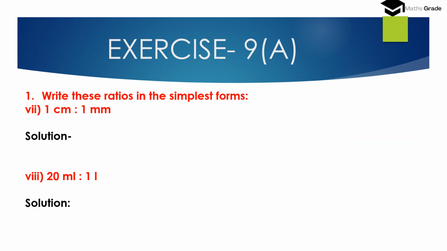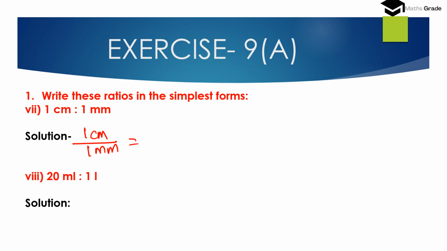Now 7th bit, 1 centimeter is to 1 millimeter. Convert this ratio into the simplest form. We can write 1 centimeter is to 1 millimeter as 1 centimeter divided by 1 millimeter. Here the antecedent is 1 centimeter and the consequent is 1 millimeter. Both are not of the same unit, so first convert centimeter into millimeter, that is, convert into the same unit.